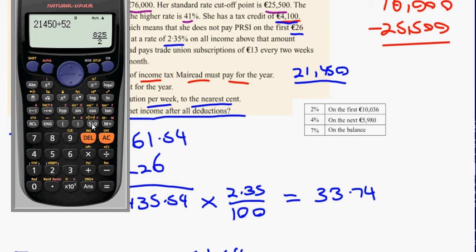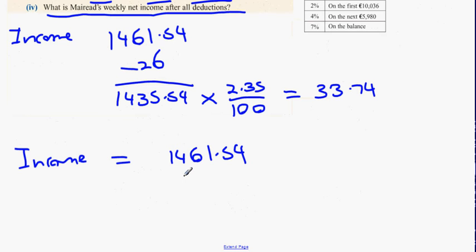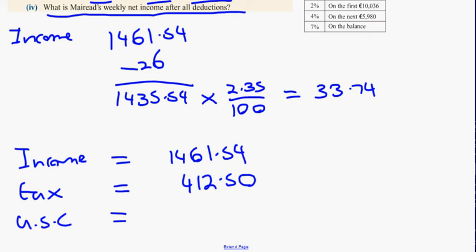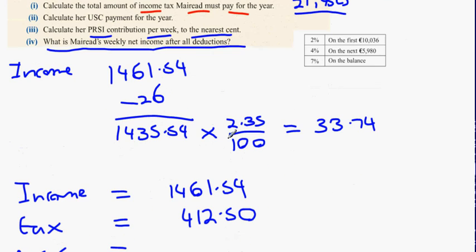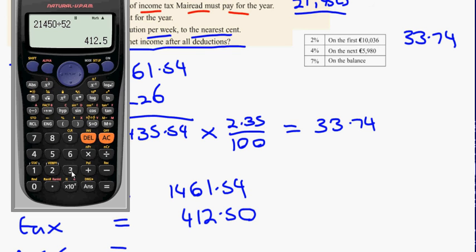So what we get here is 412.50. So she's paying 412.50 on tax. And then her USC.